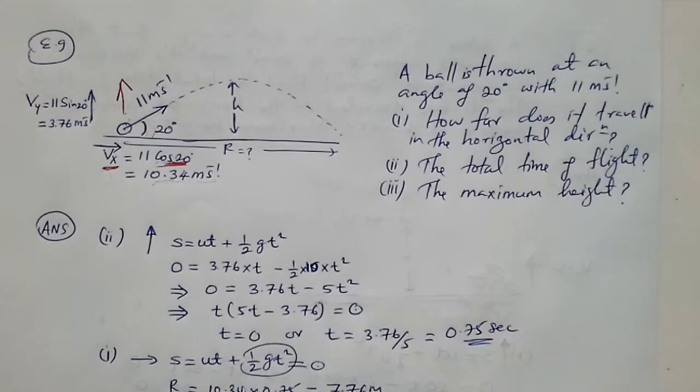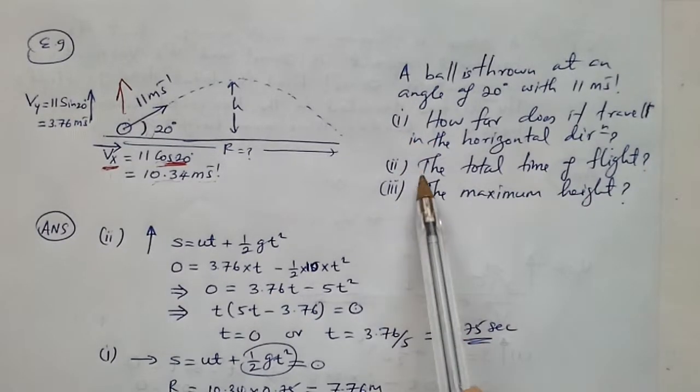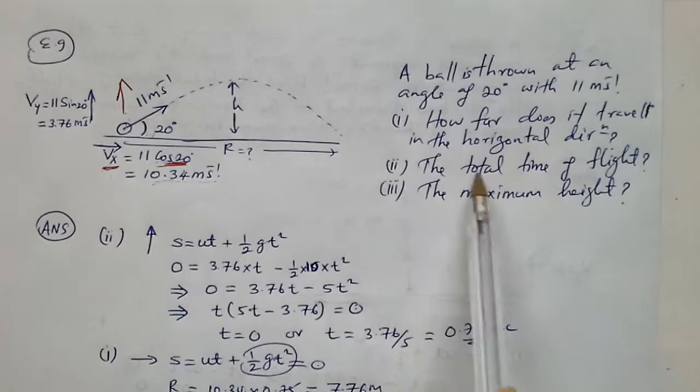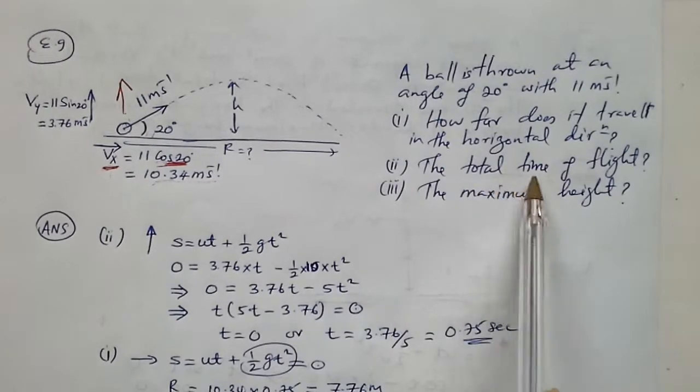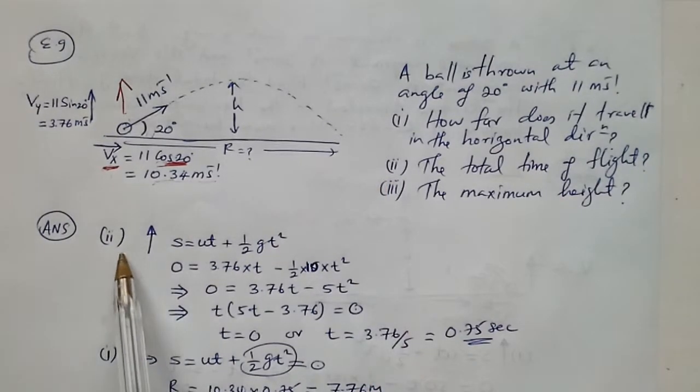The first part is how far does it travel in the horizontal direction. Before I do the first part, I'll do the second part of the problem, because to solve the first part you need the total time of flight.